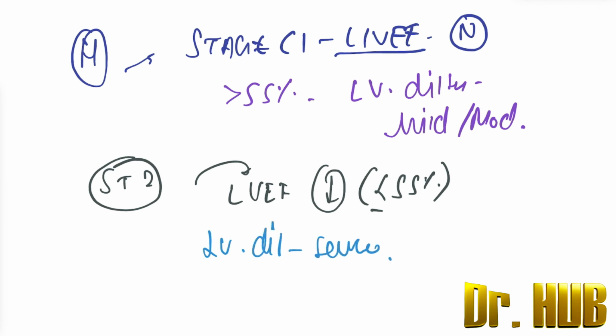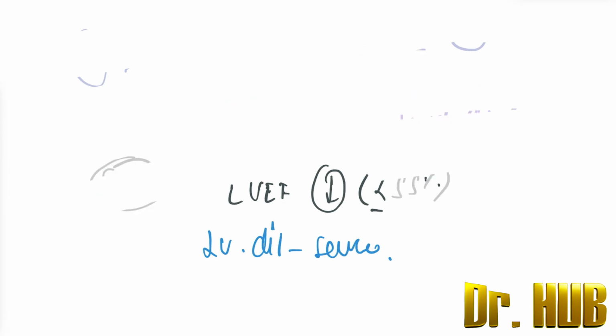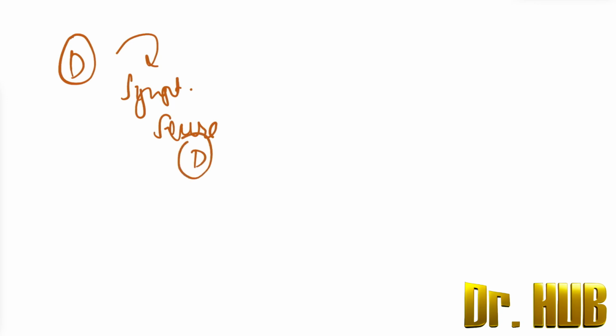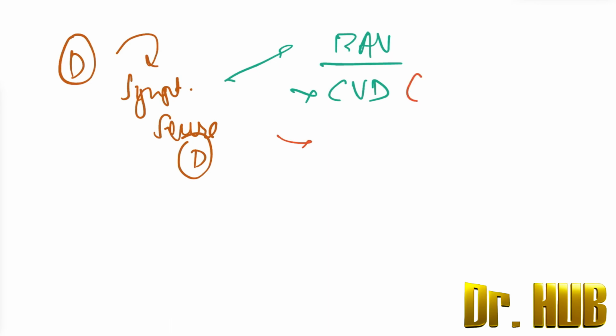Lastly, we move on to stage D. Here in stage D, it means symptomatic severe AR. Stage D is very severe. The abnormalities are BAV, the bicuspid aortic valve, then calcified valve disease, then the dilated aortic sinus or the ascending aorta.